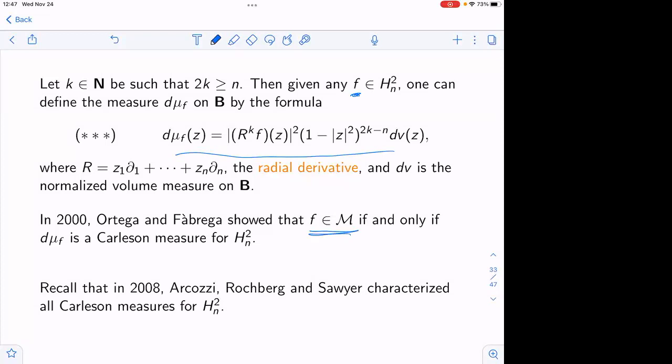But unfortunately, this characterization of Carleson measure in general just looks too complicated. It's a characterization, but it's not really a satisfactory characterization, I would say.